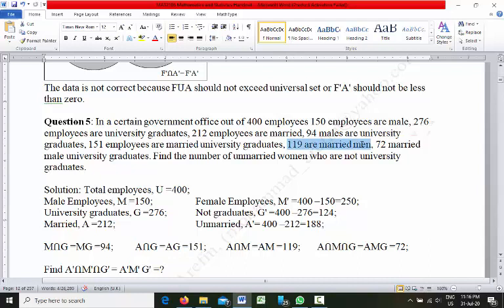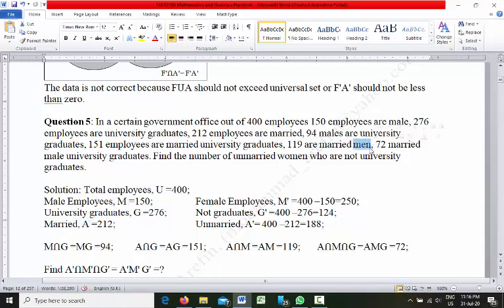119 are married men. We know that married means A, and men means male, which is M. I'm saying again, 119 employees are married, which is A, and they are also men.